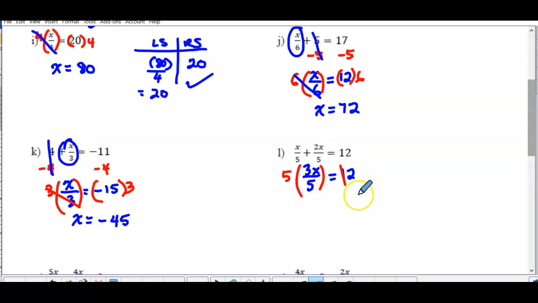You can divide by 3 first, but I wouldn't. I'd get rid of the 5. And so I'm left with 3x equals 12 times 5 is 60. And then I divide by 3. And so those 3's divide out, and I'm left with x equals 20.